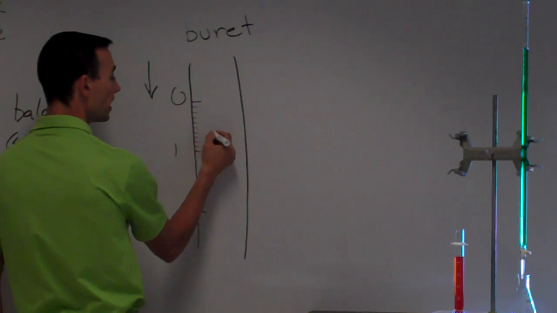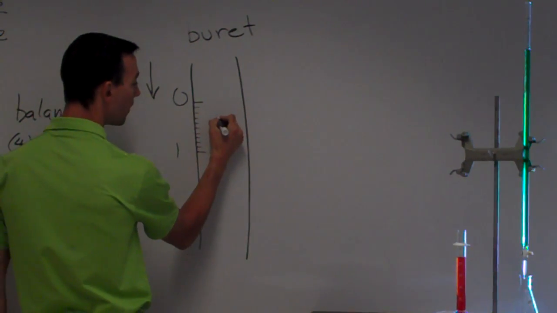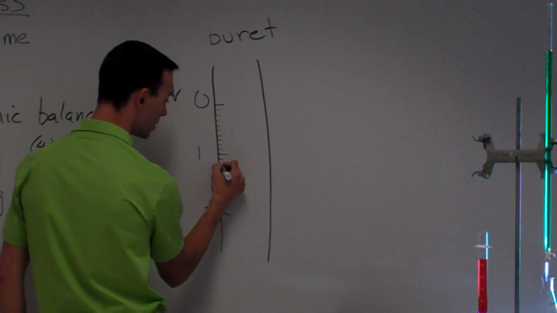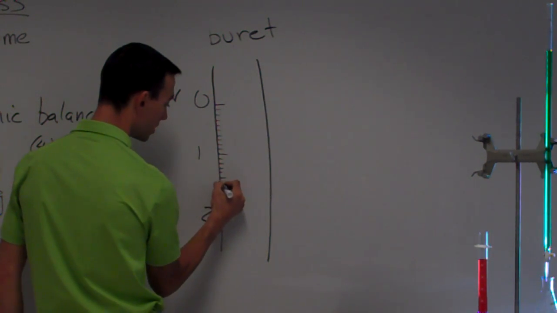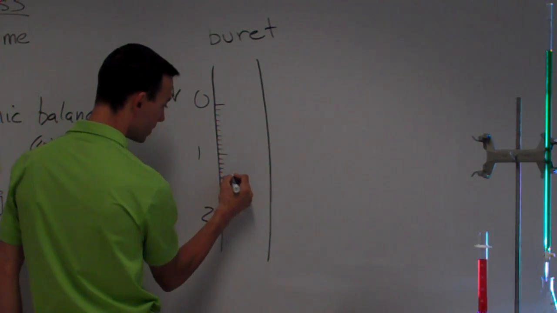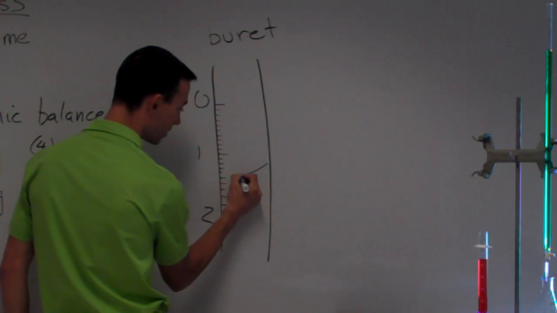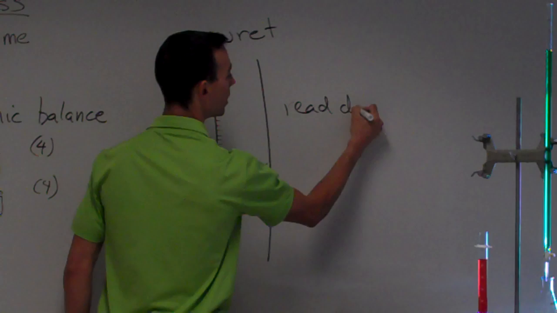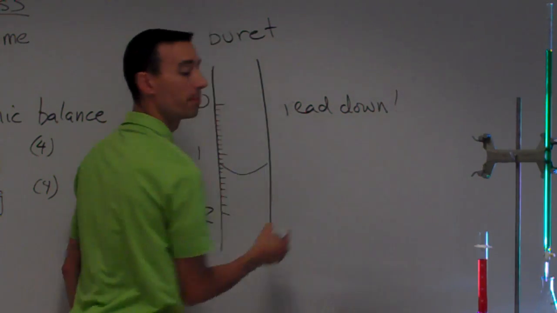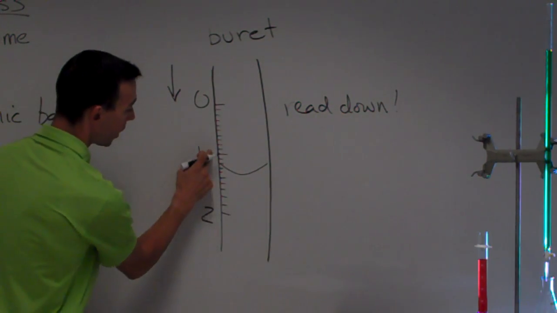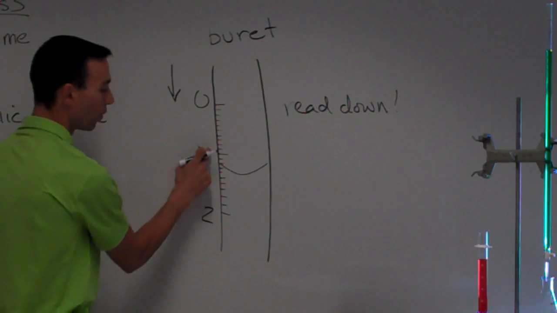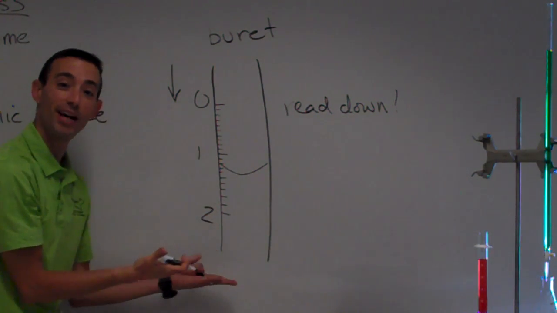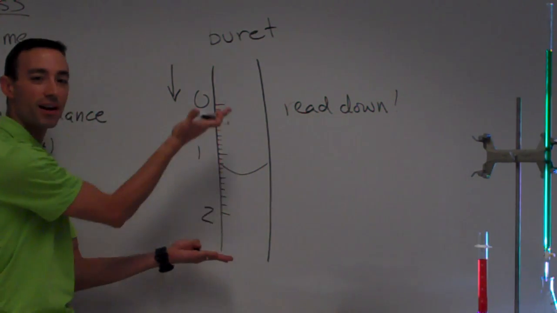We again read the bottom of our meniscus. But we read down with a burette. So while this number falls between 1 and 2, in the graduated cylinder we read from the bottom up.